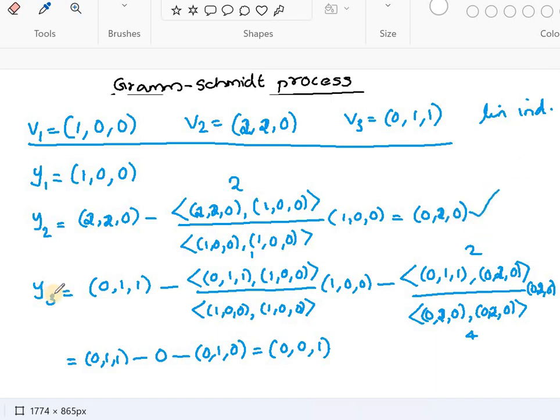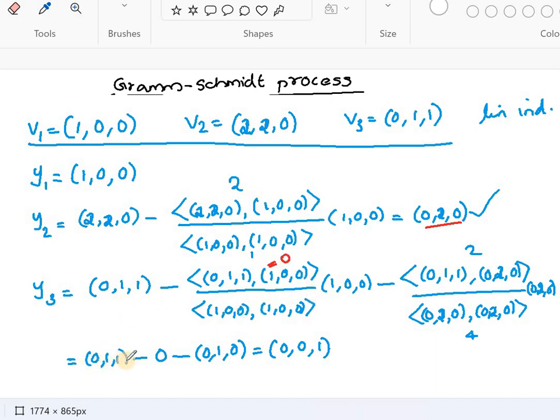Now the third vector is y3, equal to v3 minus the inner product of v3 with y1 divided by the inner product of y1 with y1, times y1, minus the inner product of v3 with y2. y2 is (0, 2, 0), divided by the inner product of (0, 2, 0) with (0, 2, 0), times (0, 2, 0). Now the first numerator is 0.